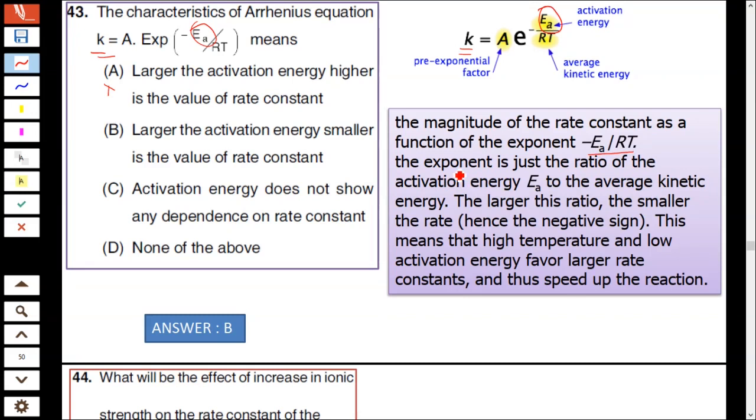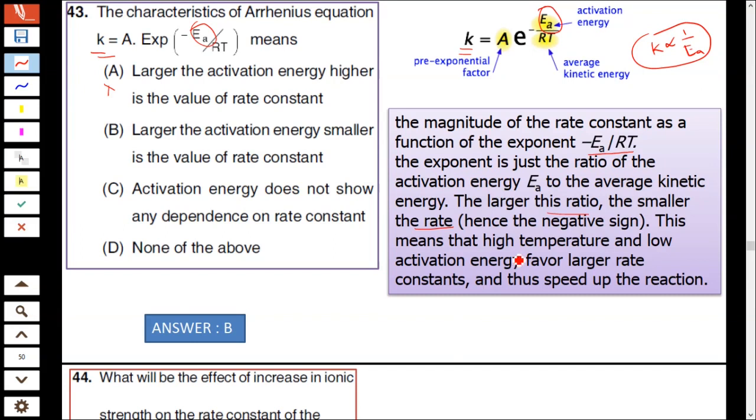The exponential term is just the ratio of activation energy to RT. The larger this ratio, the smaller is the rate constant. So here K is inversely proportional to EA. If the EA value increases, K value decreases.